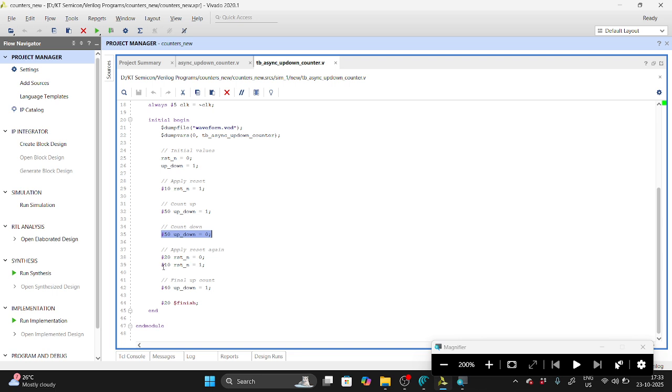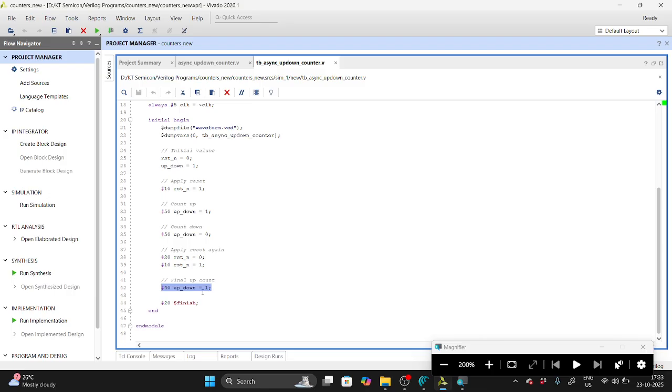For 10 time units again I'm releasing the reset. Okay, and finally for 40 time units I am running the up down counter. Up down equal to 1 means I'm seeing the up counter. So after 20 time units I'm finishing the simulation.